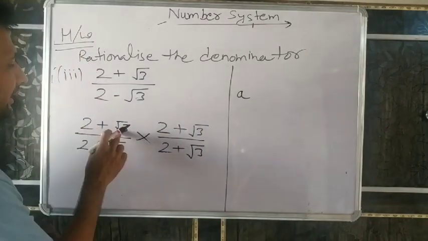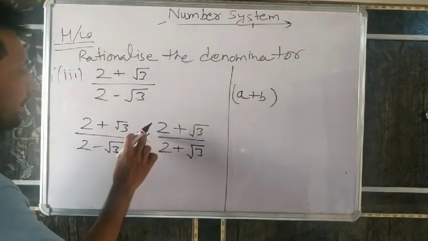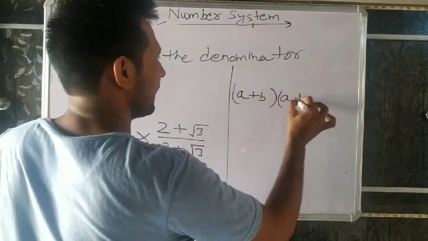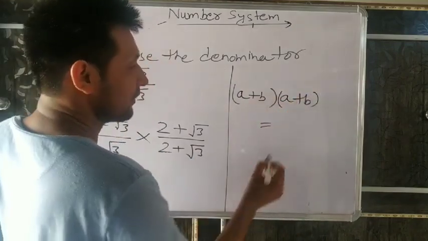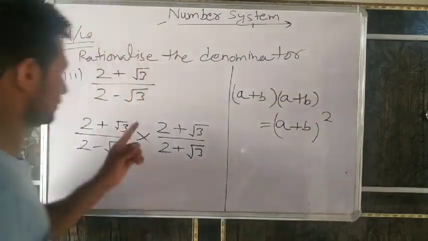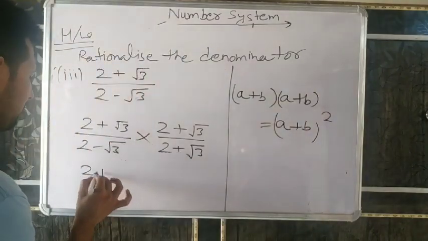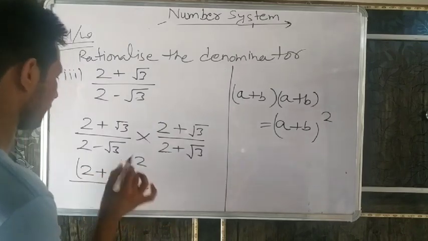Suppose it is A. A plus B multiplied by A plus B. What formula is it? A plus B, base is same, powers add, so A plus B whole square. So it means 2 plus root 3 whole square upon.